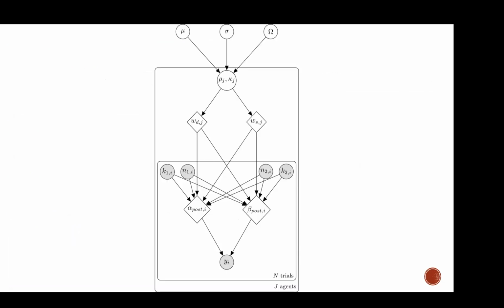When we look at the reparametrized weighted Bayesian agent, what we have now is that on top of the rho and the kappa, I'm putting population level parameters: the mu of rho at the population level, the sigma of rho at the population level, the mu of kappa at the population level, the sigma of kappa at the population level, and an omega term that says that they're correlated.